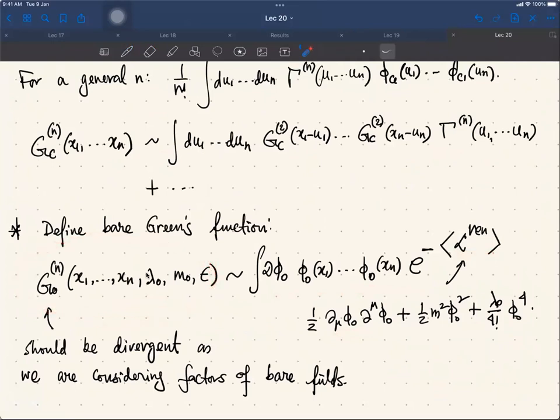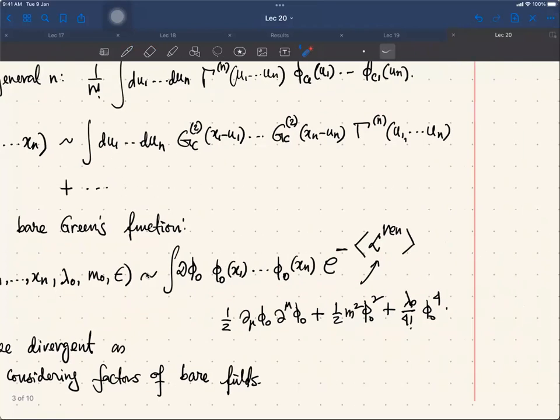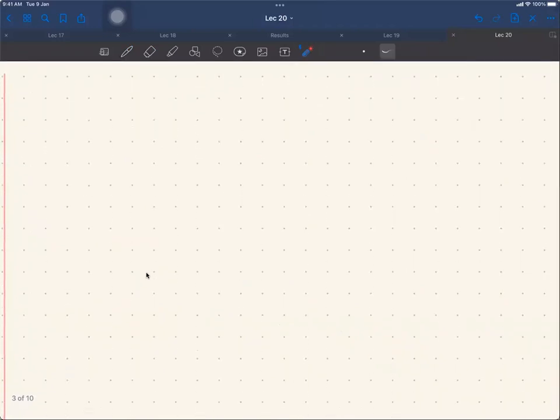What we should be looking for is renormalized Green's functions, which are guaranteed to be finite, and those are the ones which have, instead of phi-zero factors here, phi factors, right? That will be the right Green's function. When we calculated Green's function, so let me first write and then explain it further.